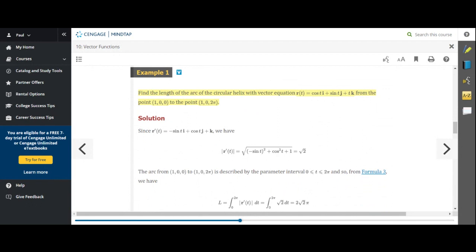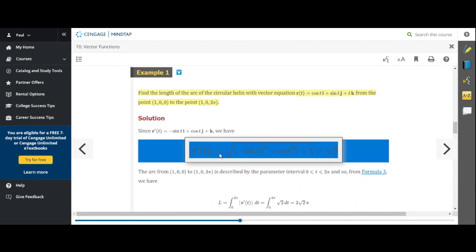Naturally, we'll get a formula for the length of the derivative vector. It turns out that the magnitude of the derivative vector, the length, is a constant.